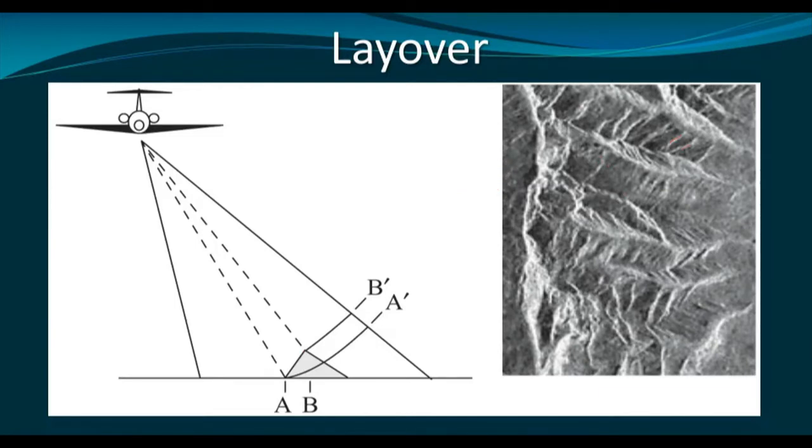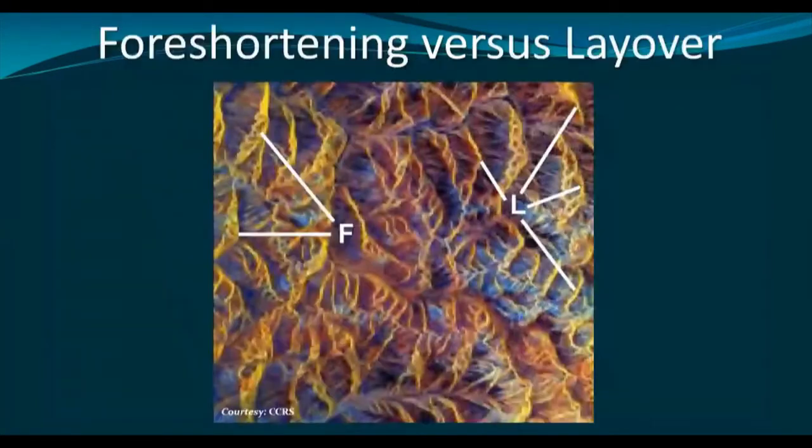Initially, for beginners, it may be difficult to differentiate foreshortening and layover, but if we look at the image carefully, I have shown this image. See, in this case, the terrain has been illuminated from this direction, and as you can see, this is foreshortening. I mean, the foreside is visible.